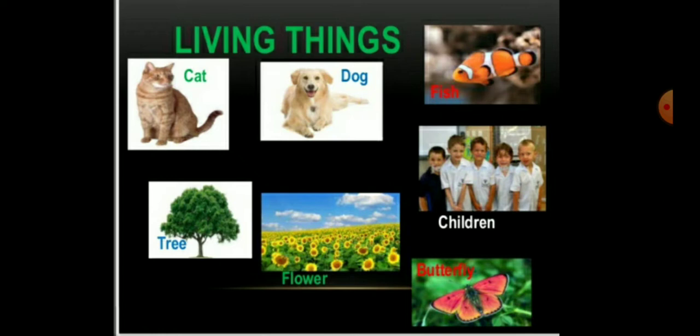So we can say both living and non-living things have a structural unit: cell in living things and molecules in non-living things. So we know cells do not exist in non-living things.